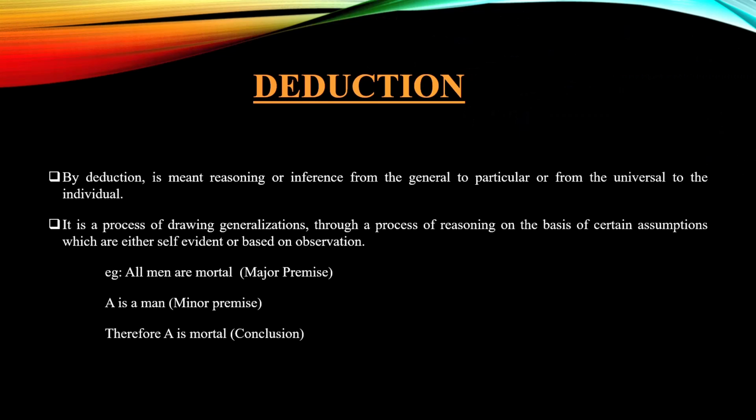Look at this example. All men are mortal. A is a man, therefore A is mortal. You can see that all men are mortal is a general concept, and the conclusion, A is mortal, is a particular one. So this is about deduction theory.